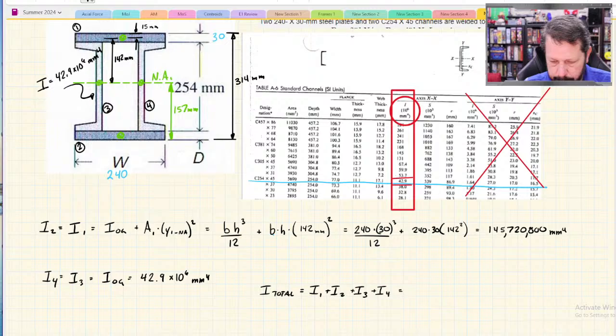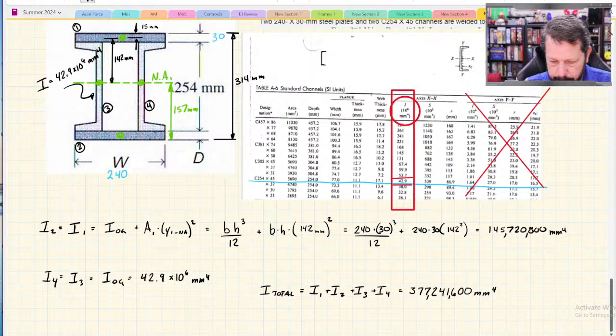Plus 2 times 42.9 million. I think that's it. Equals, I think, 3,772,416,00 or so. That would all be millimeters to the fourth.